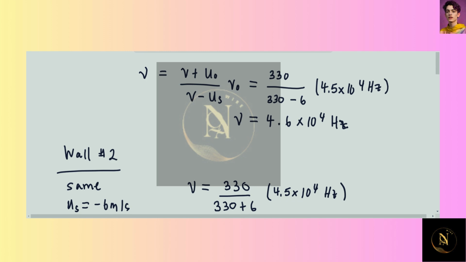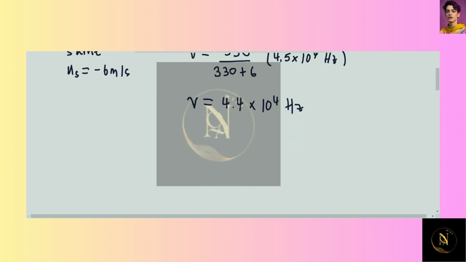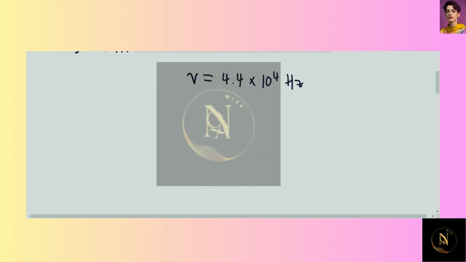And then we're going to multiply that by our frequency. And using sig figs, that does give us 4.4 times 10 to the 4 hertz. So we've done the first Doppler shift. We have figured out the frequency that each of the walls will receive. Now we're going to do Doppler shift number 2.